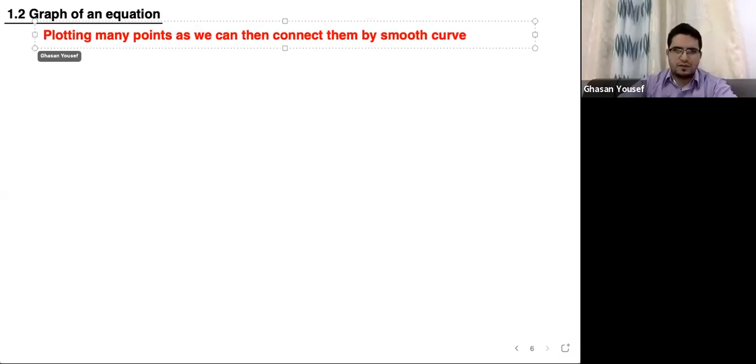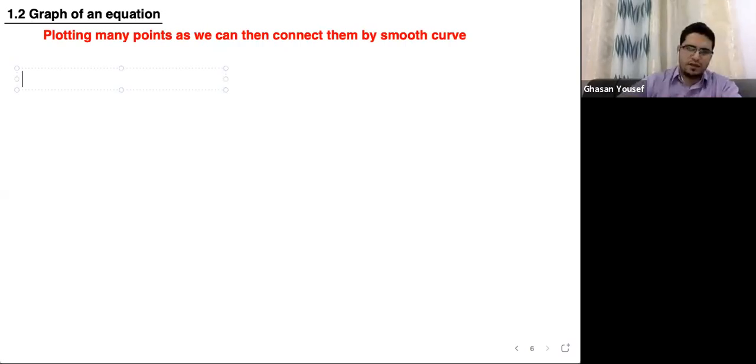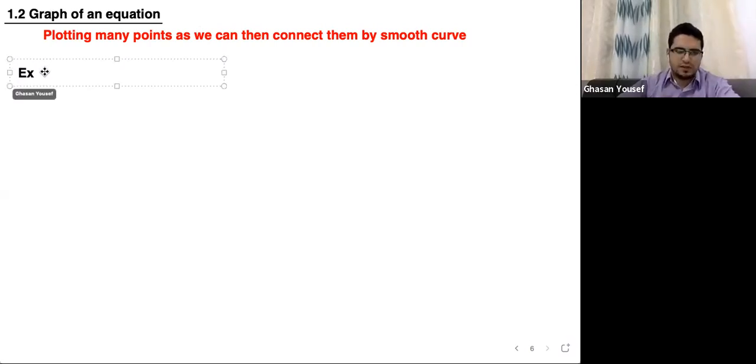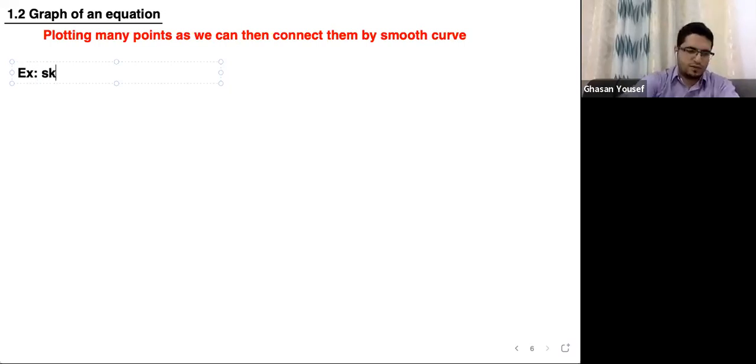Now I will give an example to show how we can graph an equation. So example one, sketch the graph of the equation 2x minus y equals 3.